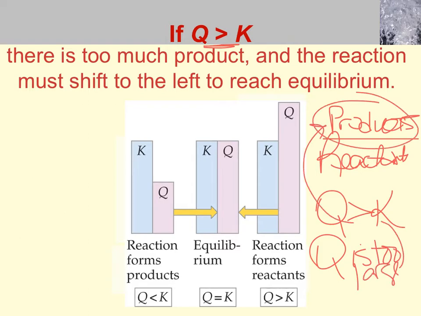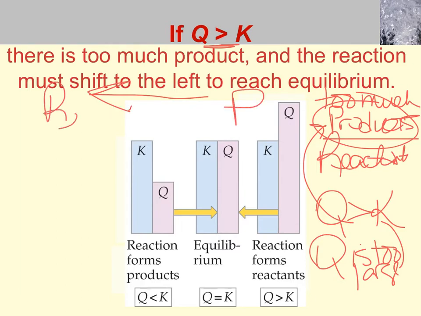That means that there's too much product. The numerator is too large. And if there's too much product, in order to reach equilibrium, the reaction will need to shift to the left. That means, remember, to the left is reactant. You'll need to shift to the left to make more reactant and less product.